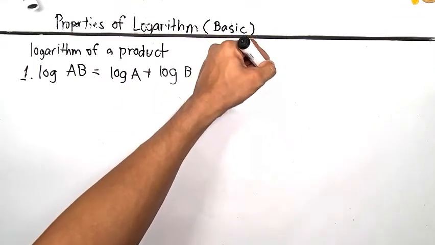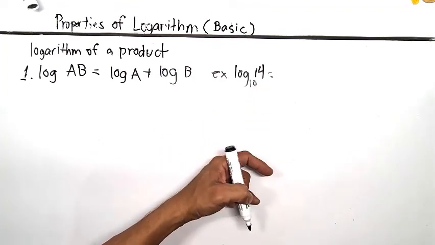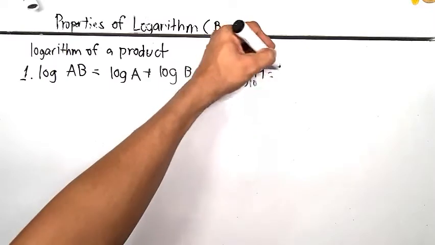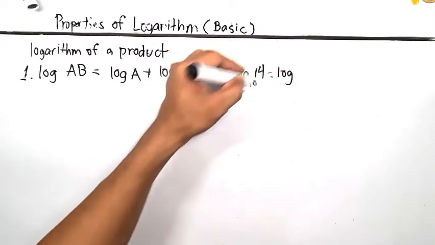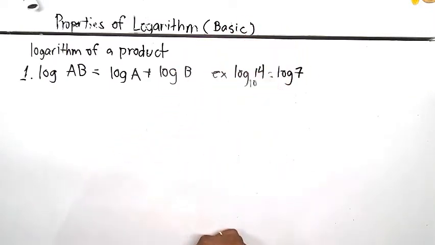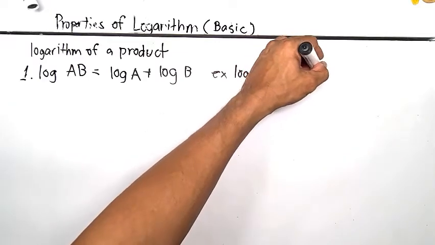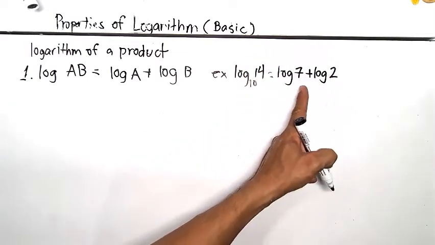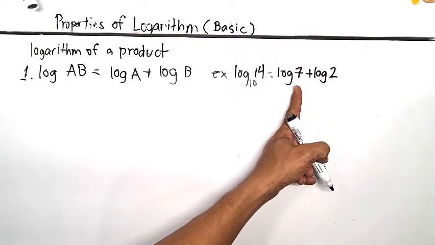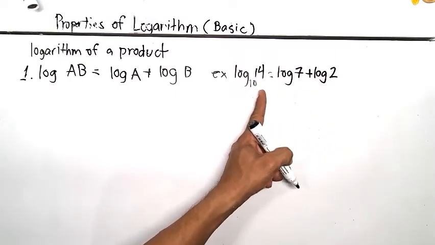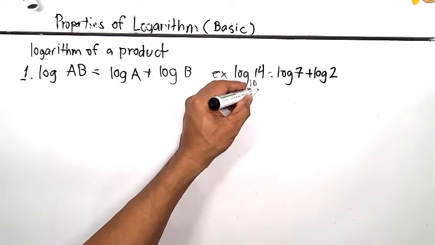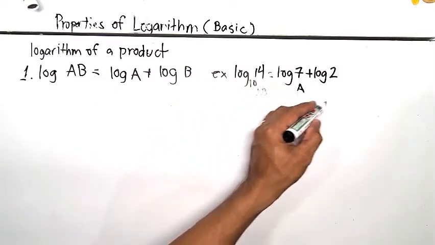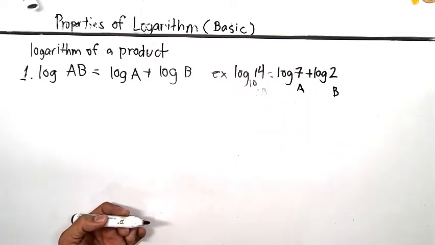Since the factors of 14 could be 2 and 7, or 1 and 14, we can rewrite it as logarithm of 7 plus logarithm of 2. What is 2 times 7? That is 14. So in this case, this is our AB, this is A, and this is B.